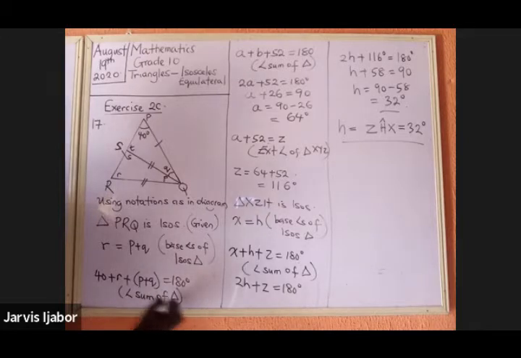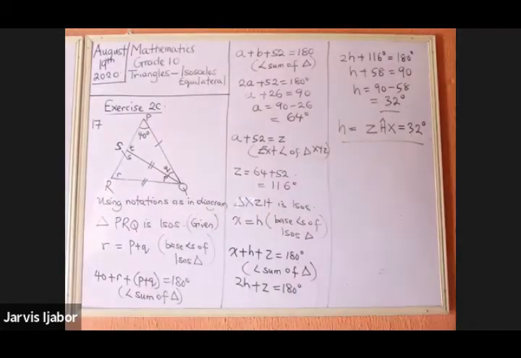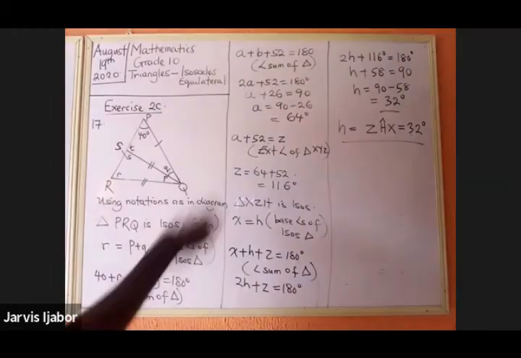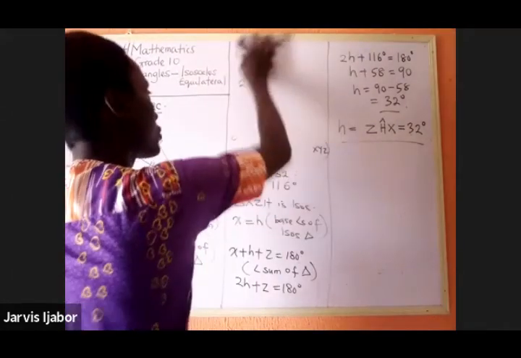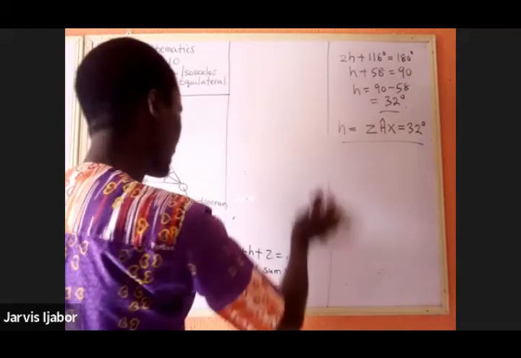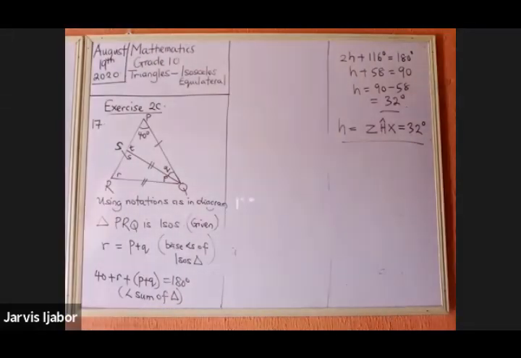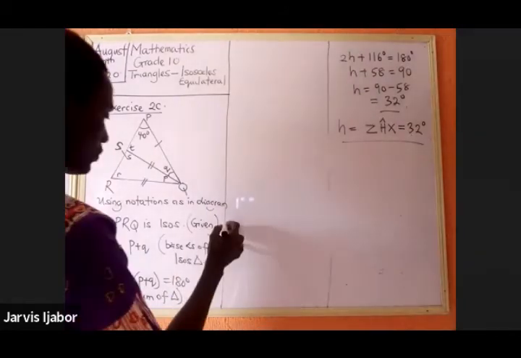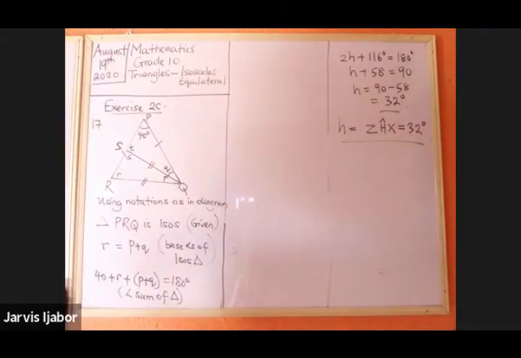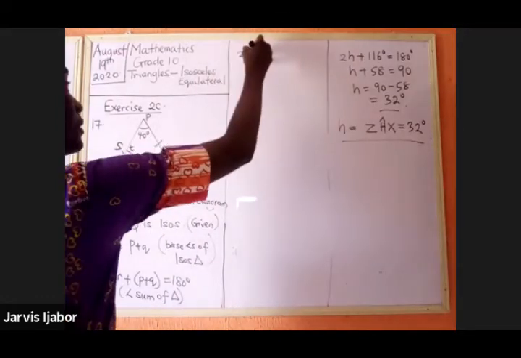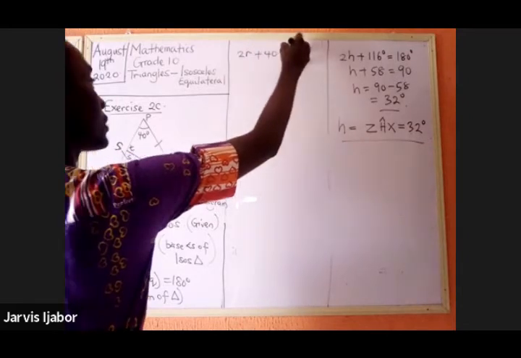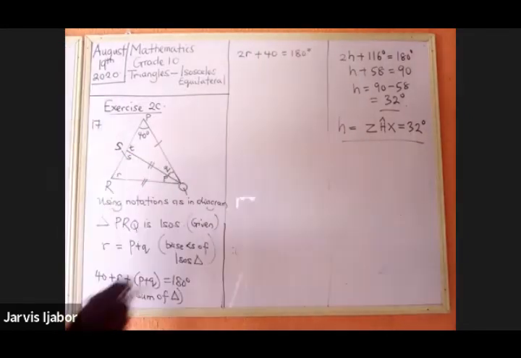The angle sum of triangle will give us that arrangement, all right? Okay, so with that in place, remember that R is equal to this, so we can say that 2R plus 40 will be equal to 180 degrees, all right?